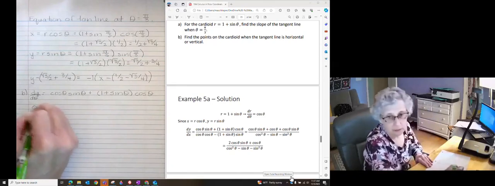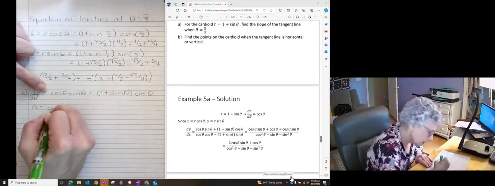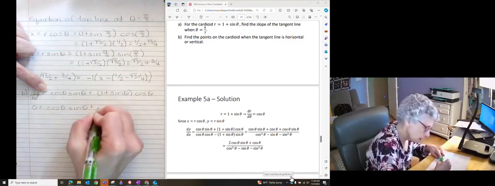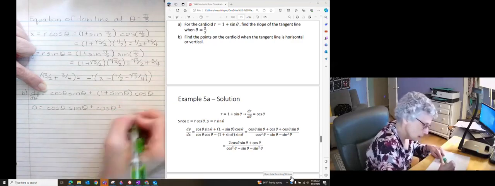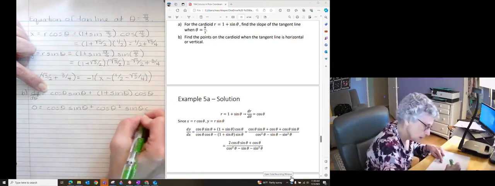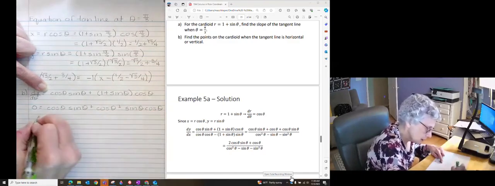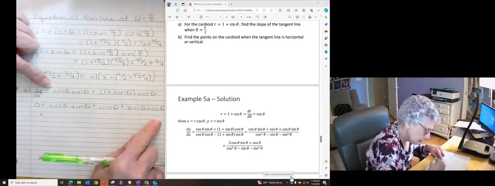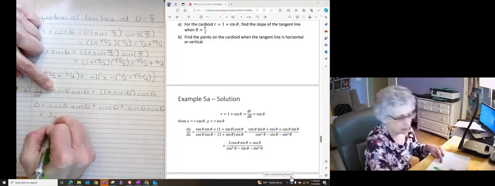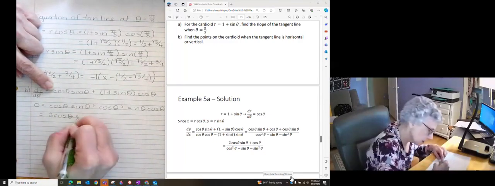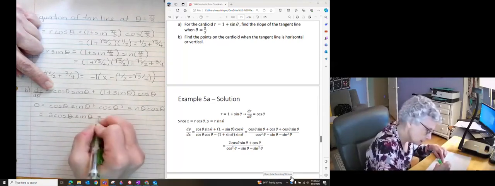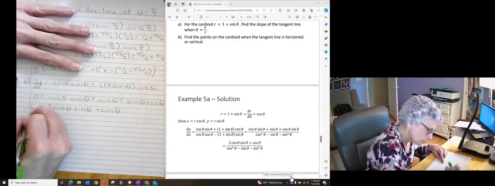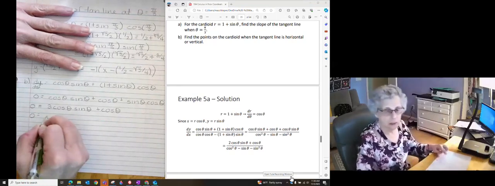So first I need to get rid of that set of parentheses. 0 is equal to cosine theta sine theta plus cosine theta plus sine theta cosine theta, but cosine theta sine theta is the same thing as sine theta cosine theta, so I really have 2 cosine theta times sine theta plus cosine theta.